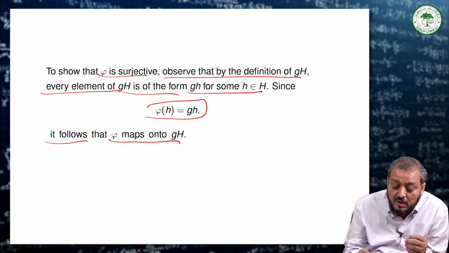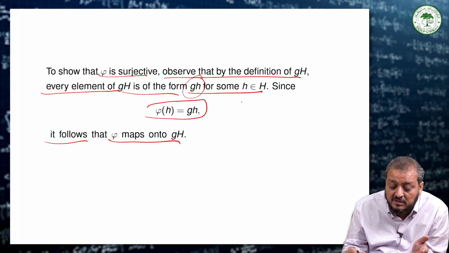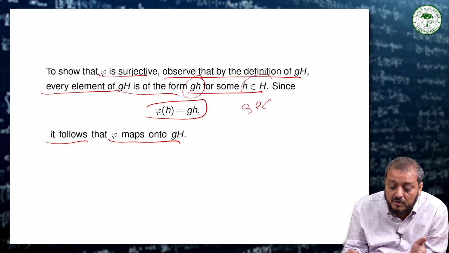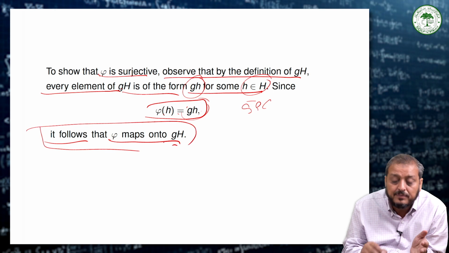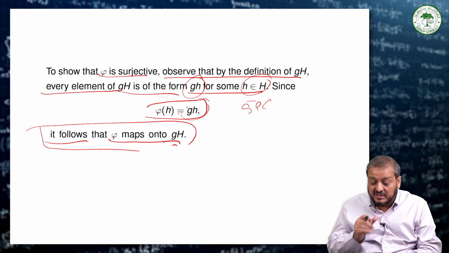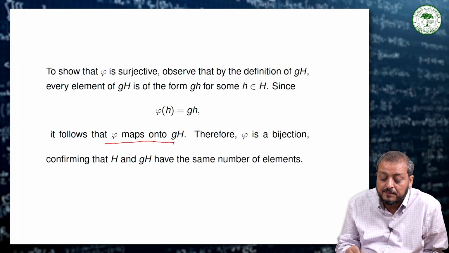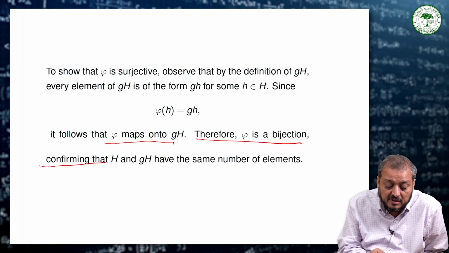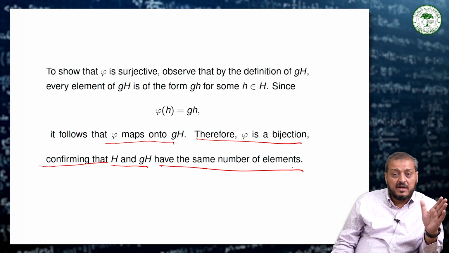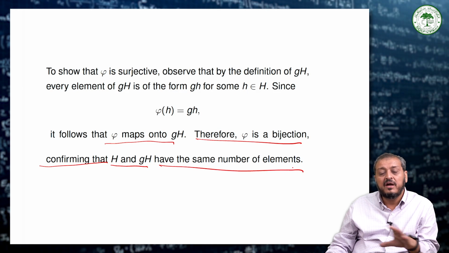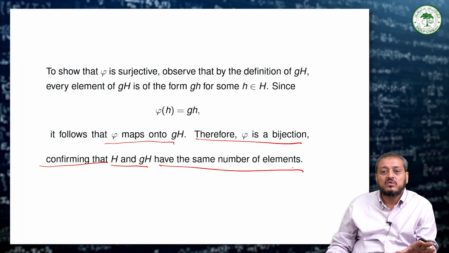So it follows that phi maps onto gH. Therefore phi is a bijection, confirming that H and gH have the same number of elements, since the correspondence of this map is bijective.